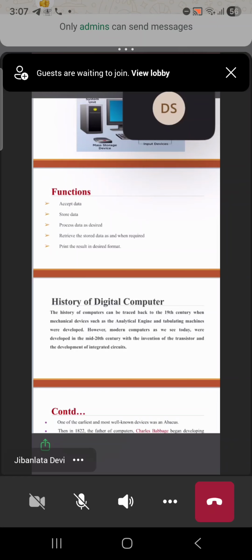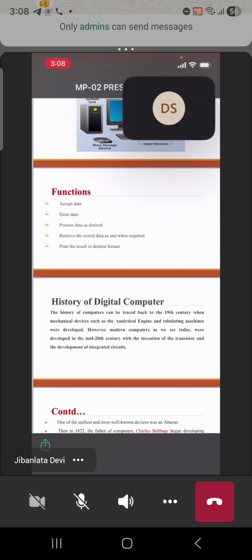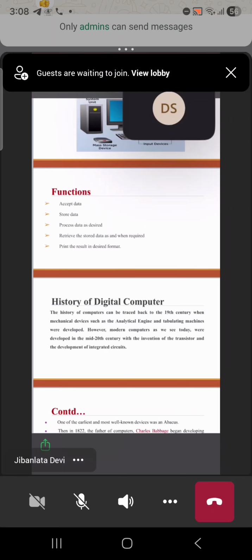Then data is processed as desired by the user. The fourth one is to retrieve the stored data as and when required. And finally, print the results in a desired form, so we can get the printout for our use.